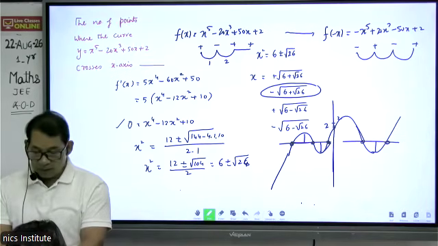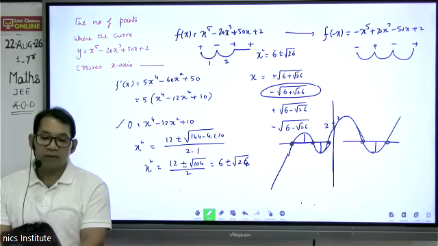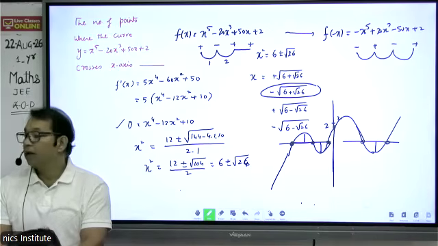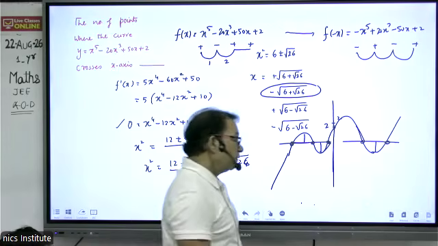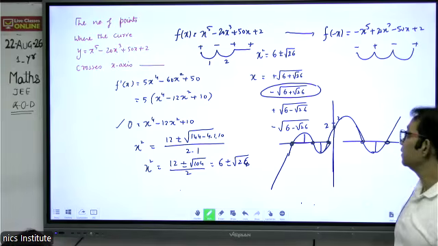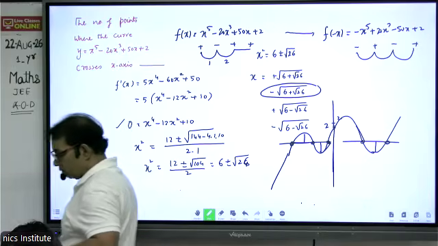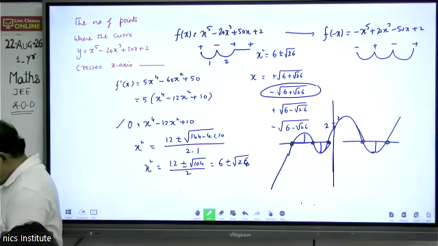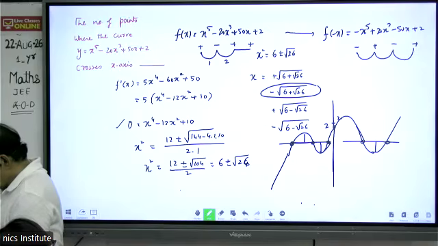And in the polynomial f of minus x, the number of sign changes gives the maximum possible negative roots. Look carefully.